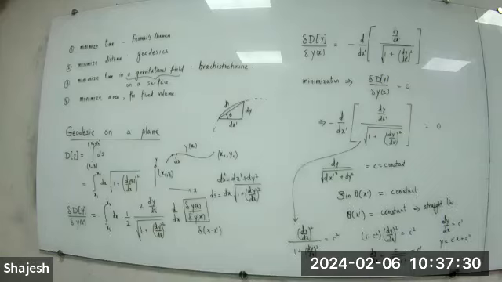That's an arc length. Arc length of a circle is theta times r. Velocity, take the derivative, dx by dt is equal to r d theta by dt. So v is equal to omega r.